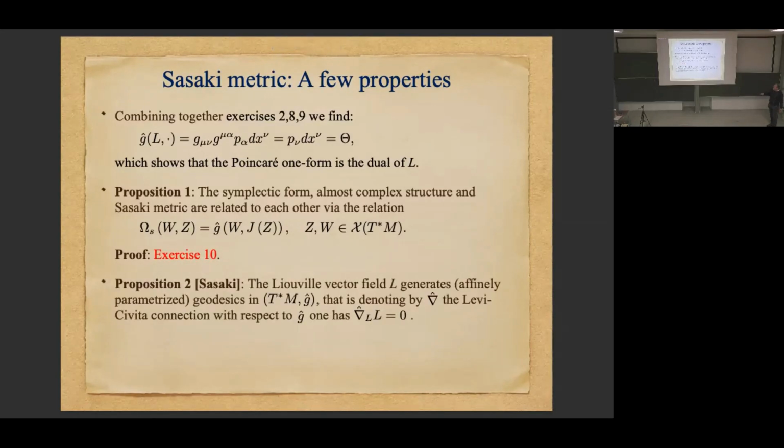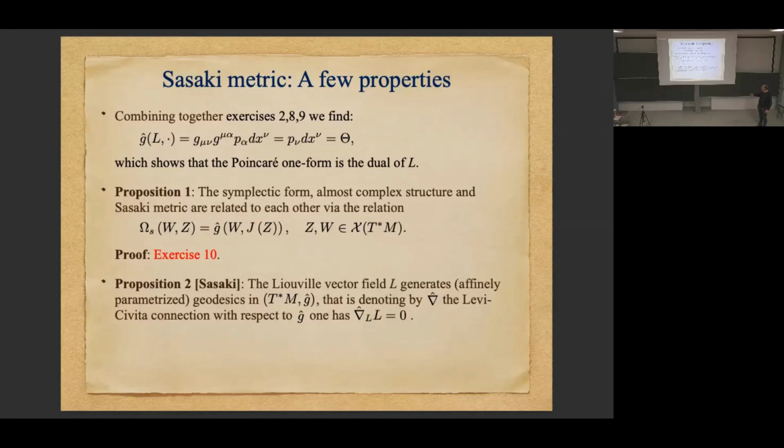And another nice property is that you now have a metric on the cotangent bundle. You have the Liouville vector field, and you know that the integral curves of the Liouville vector field, when you project them on the space-time manifold, describe geodesics on the space-time manifold. That's an exercise you have to verify in case you don't know it, but I told you about it.